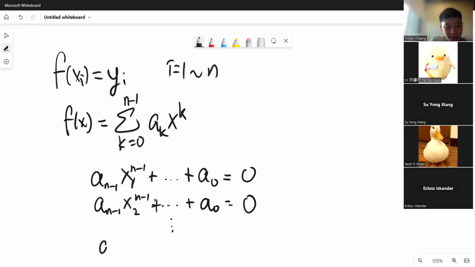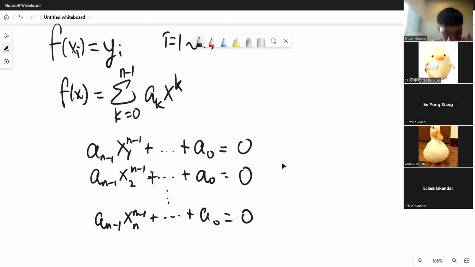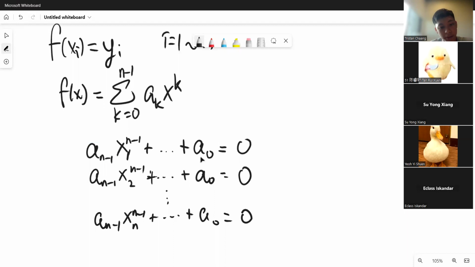And a_(n-1) x_n to the n minus 1 plus dot dot dot plus a_0 equals 0. And then we want to solve for a_(n-1) to a_0.